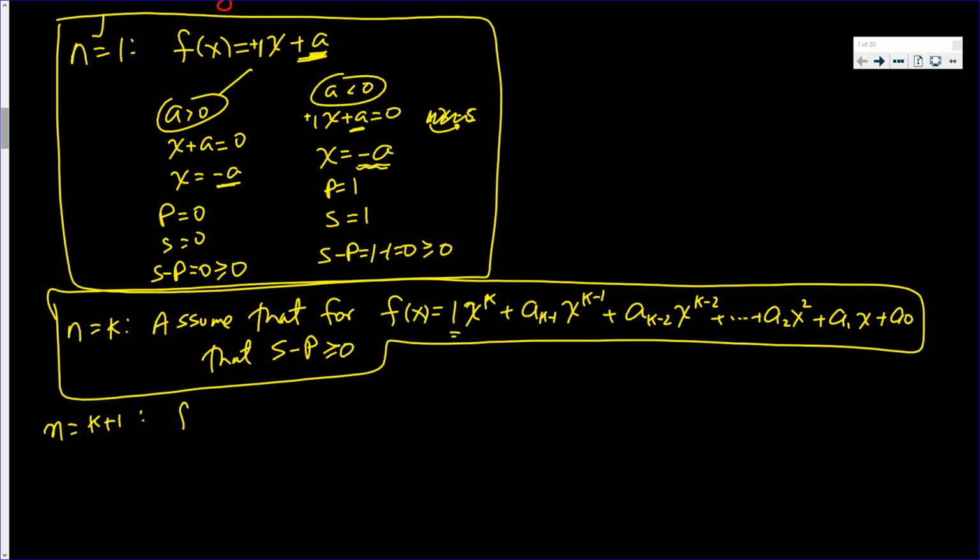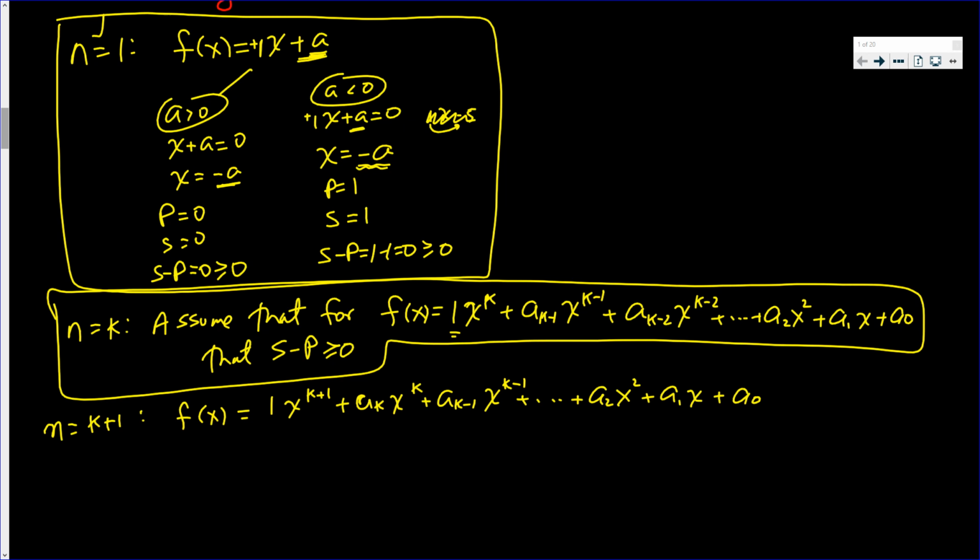So now f of x will be 1 times x to the k plus 1, plus a sub k x to the k, plus a sub k minus 1 x to the k minus 1, all the way down to a2 x squared, plus a sub 1 x, plus a sub 0.